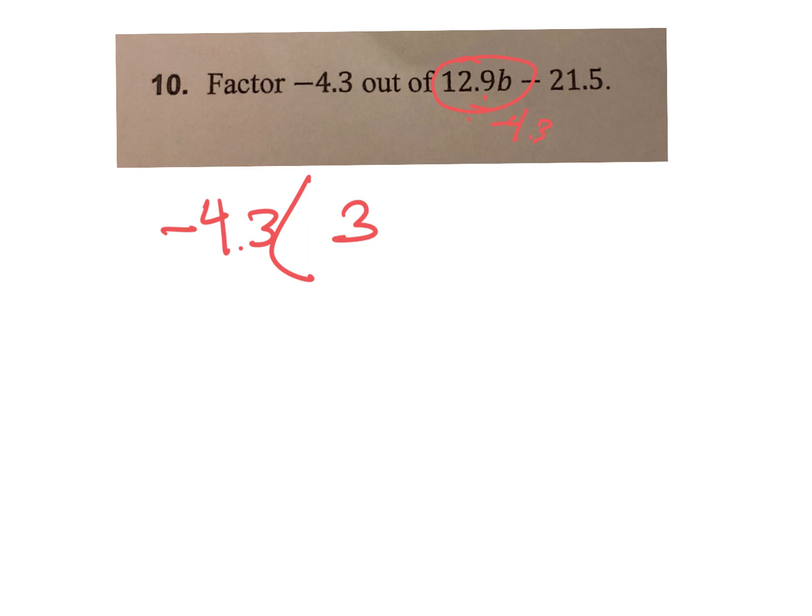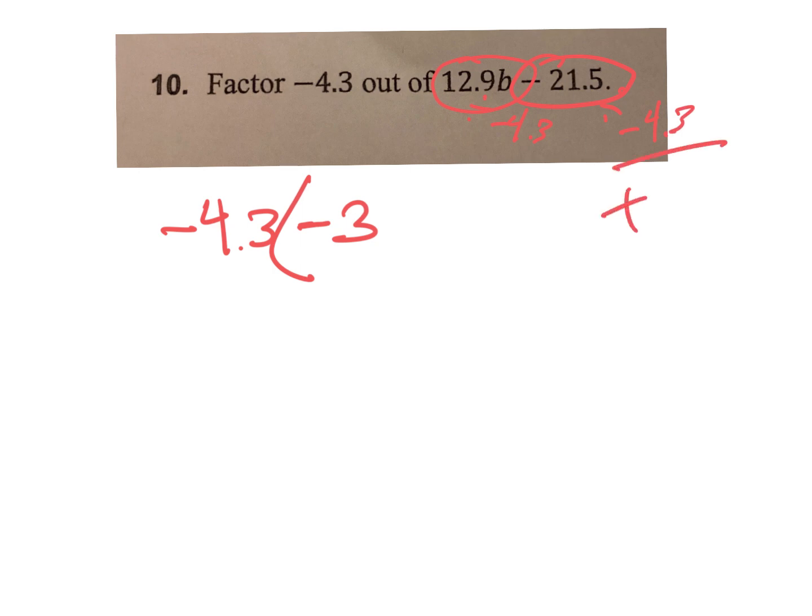And when I do a positive divided by a negative, I get a negative. Okay, so it's negative 4.3, parentheses, negative 3, and now we have a negative times a negative, which gets me a positive.